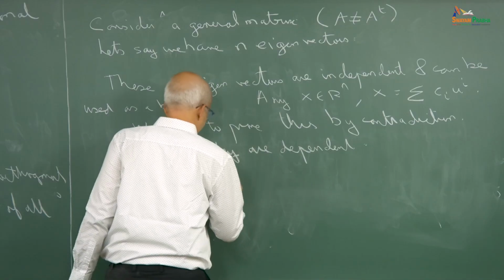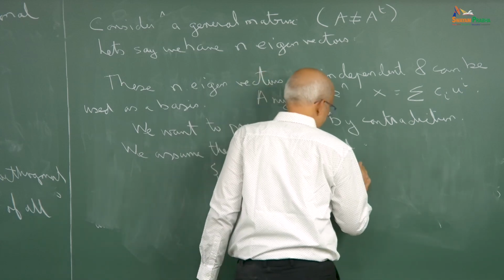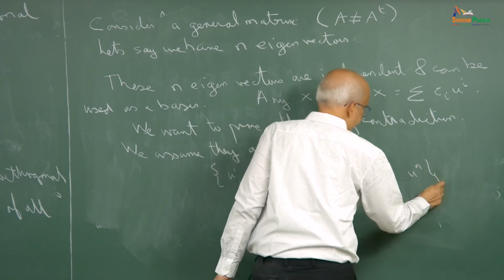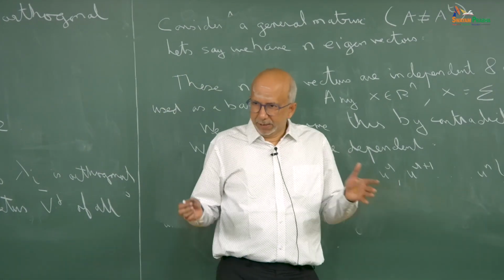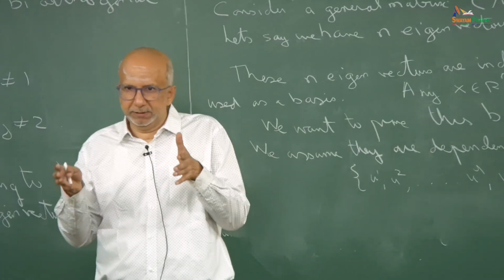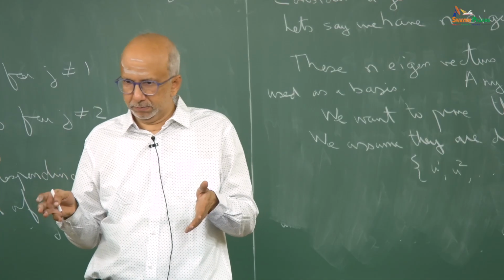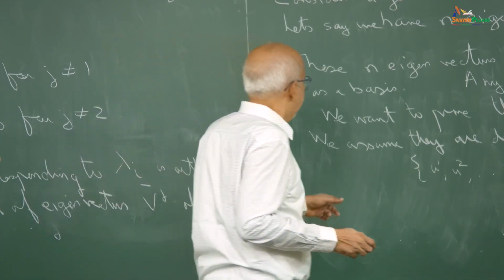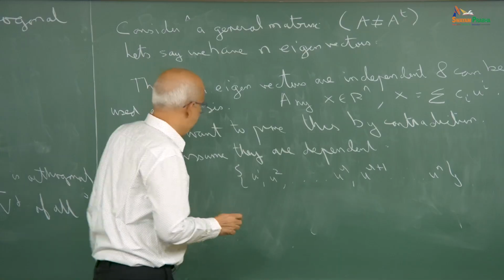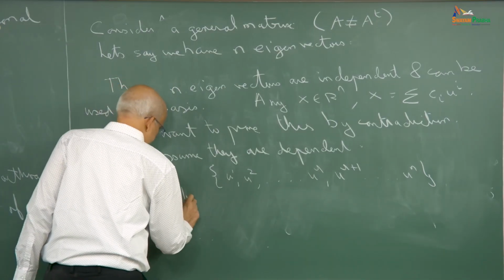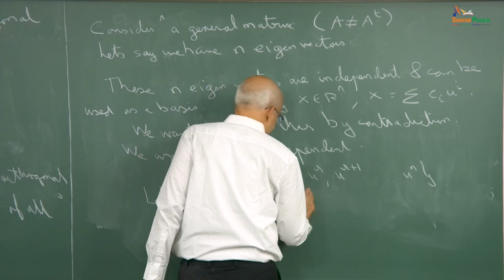So, I have u1, u2, ..., ur, ur plus 1, ..., un. So, this entire thing is dependent, but that means some small number of those vectors form an independent set. Okay. So, I am assuming that let us say the first r vectors are independent.